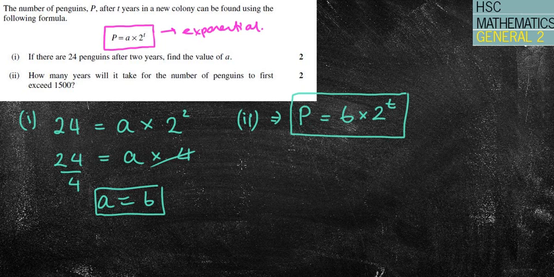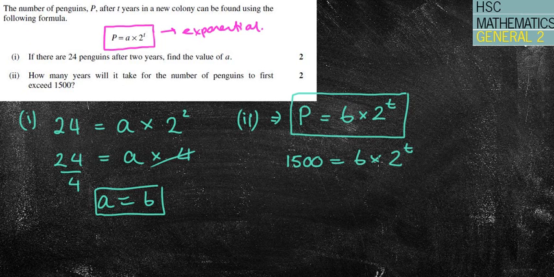So it says how many years will it take for the number of penguins to first exceed 1,500. So I'm going to put 1,500 equals 6 times 2 to the power of T. And I'm going to solve this to find T, which is much more challenging, I must admit, because you're trying to find a power here.